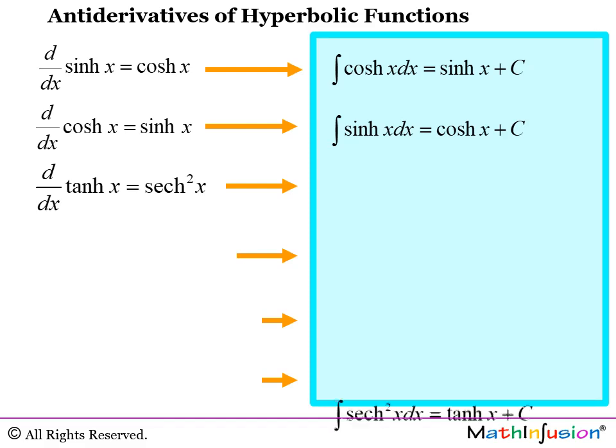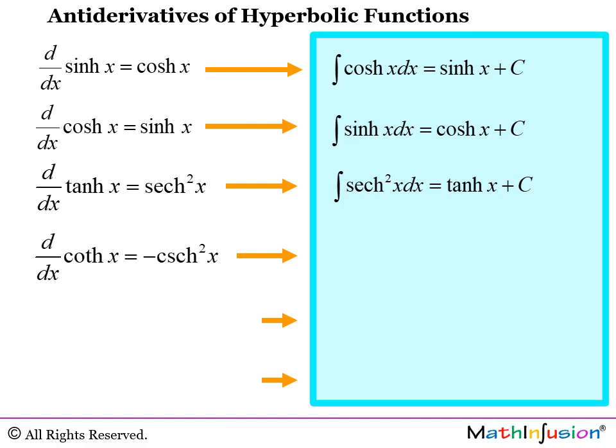Because of this, we get that the integral of the secant hyperbolic to the power of 2 of x dx equals tangent hyperbolic x plus c. From here, we get that the integral of the cosecant hyperbolic x to the power of 2 dx is negative cotangent hyperbolic x plus c.